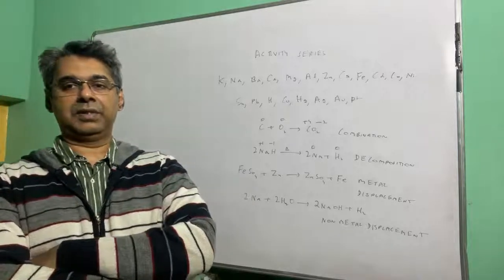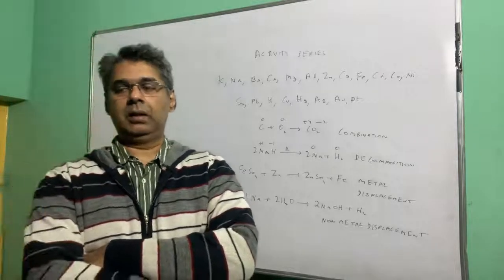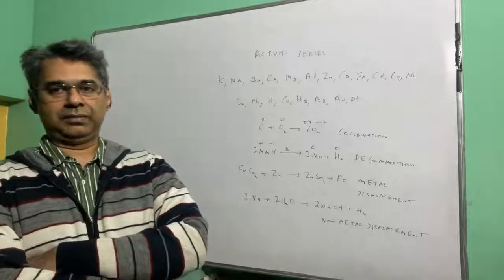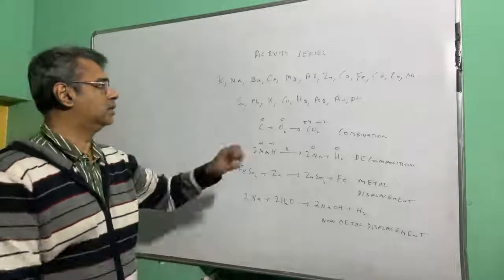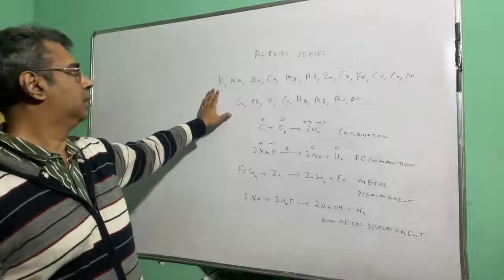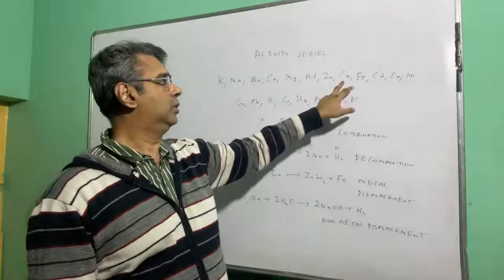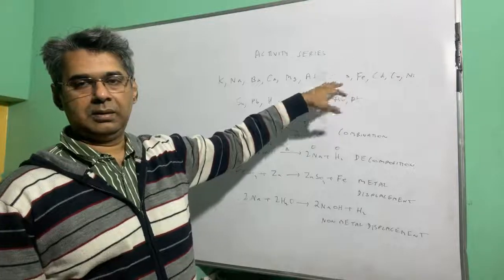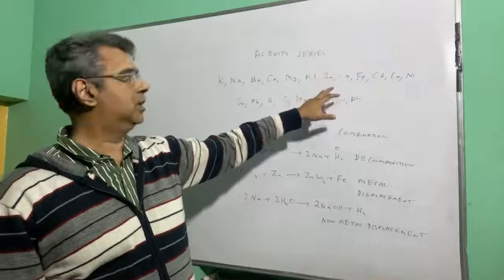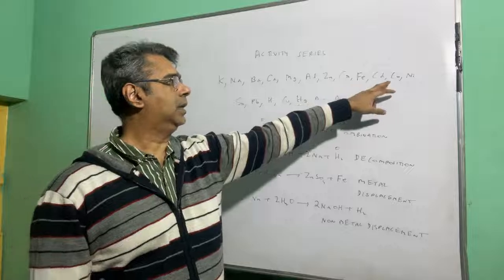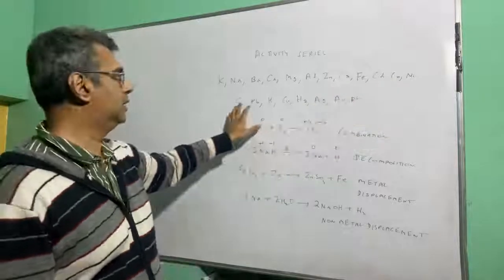What about the activity series which was done in class 10? No, that is not enough. That is too small. I think this one will serve your purpose. Sodium, potassium, barium, calcium, magnesium, aluminium, zinc, chromium. You can see these ones were not there in the class 10 list: chromium, cadmium, cobalt. So this is a comprehensive list.